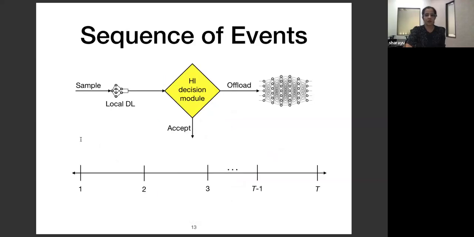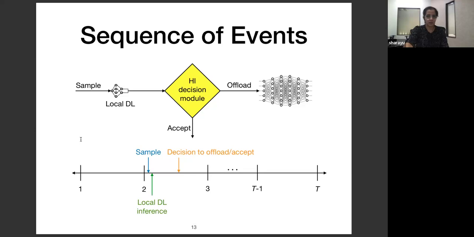Time is divided into rounds, and the following sequence of events occur in each round. The first thing is that the end device collects a sample. This sample is then fed to the local model for inference. The local model outputs its inference for that sample and its confidence in that inference.